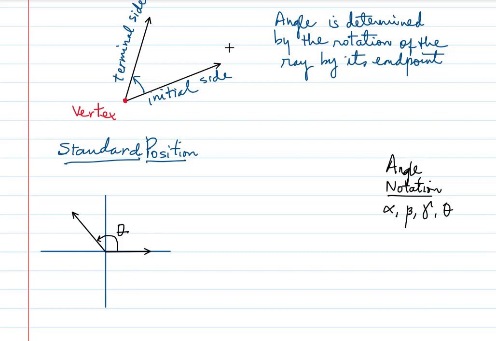Now, I have mentioned going clockwise or counterclockwise, but now would be a good time to mention positive and negative angles. So from now on, every time we graph or picture an angle, we're going to think of it in standard position. So always start on the positive x-axis and then go to the terminal side. Every time you have an angle that goes from the initial side to the terminal side in a counterclockwise direction, then that angle is going to be positive.